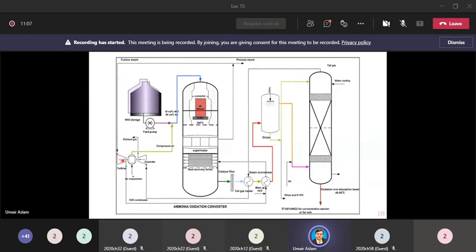After giving its energy to the turbine, the steam will condense into liquid water. And this is the liquid water, which is again used for heat exchange in the lower section of the ammonia oxidation reactor. So in this way, this cycle will work on continuous basis.